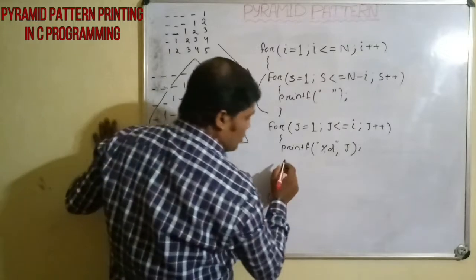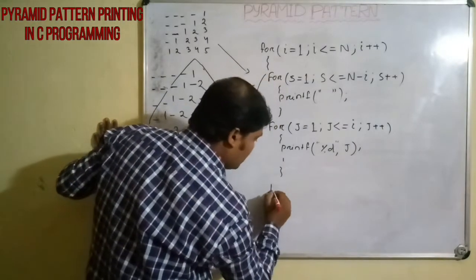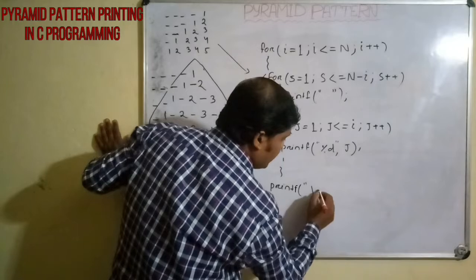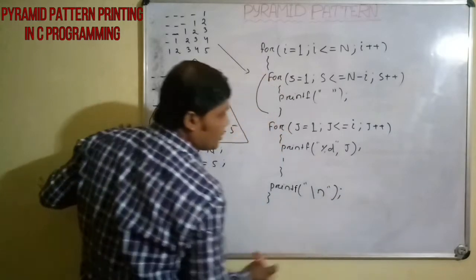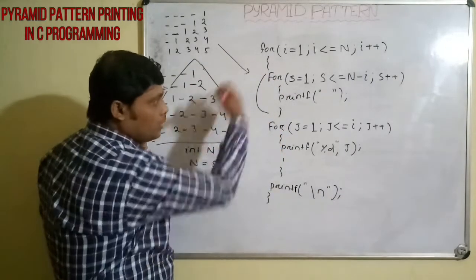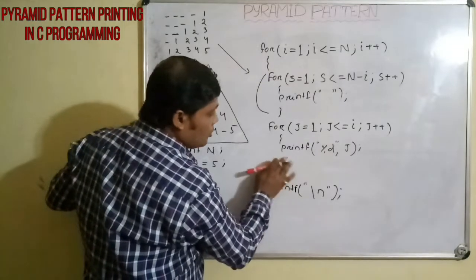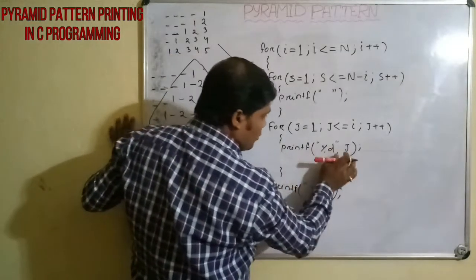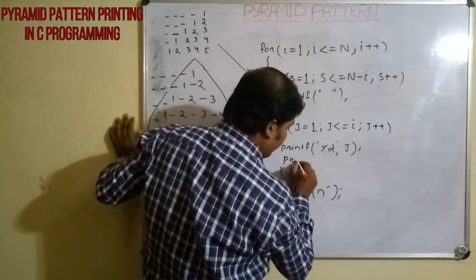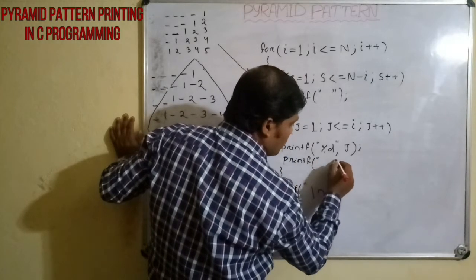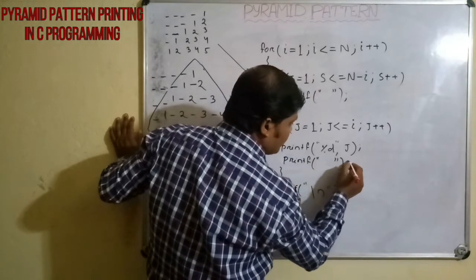So I can add only one line. Here it will be printf, just select it, printf \n, to go to the next line. Clear? So after printing the z value, what do we have to print? Only one space.